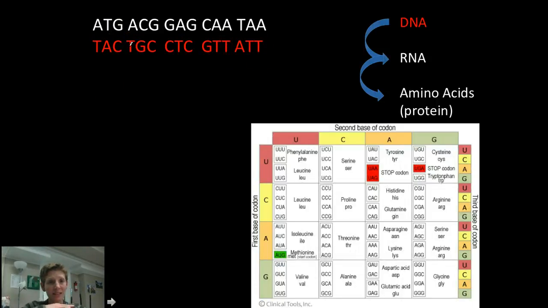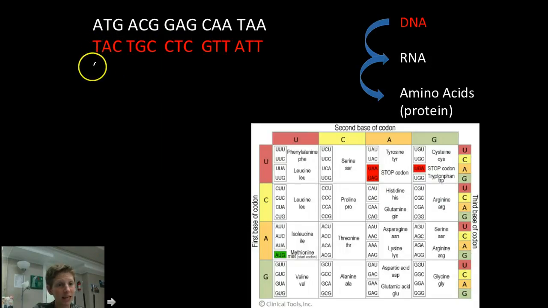So this is like a piece of DNA. As you can see, it follows the DNA base pairing rules: A with T, T with A, G with C, C with G. So the first step, that transcription, that first step from DNA to RNA, means we're going to have to take this snippet of DNA and make it into RNA.